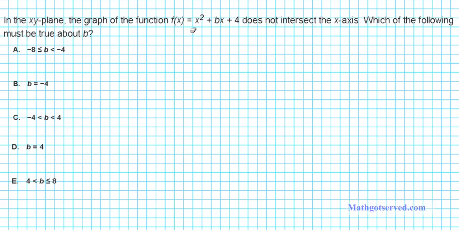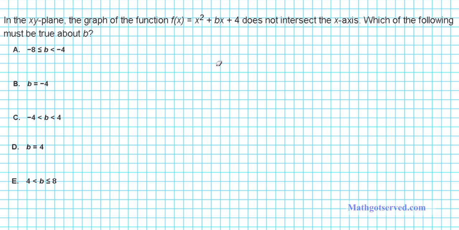In this problem, you have to recall that we are taking a look at a special case of the solution of a quadratic equation. If a quadratic function never intersects the x-axis, that means you have imaginary solutions.